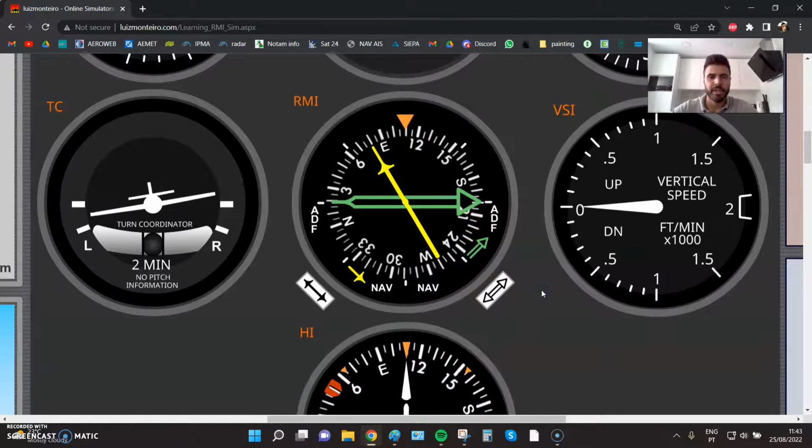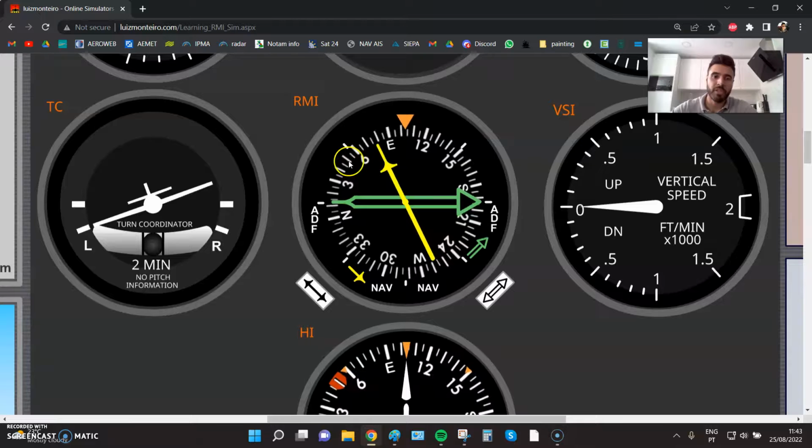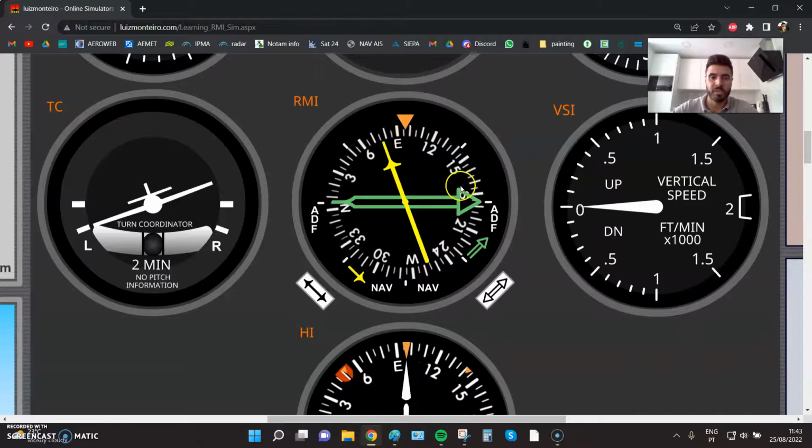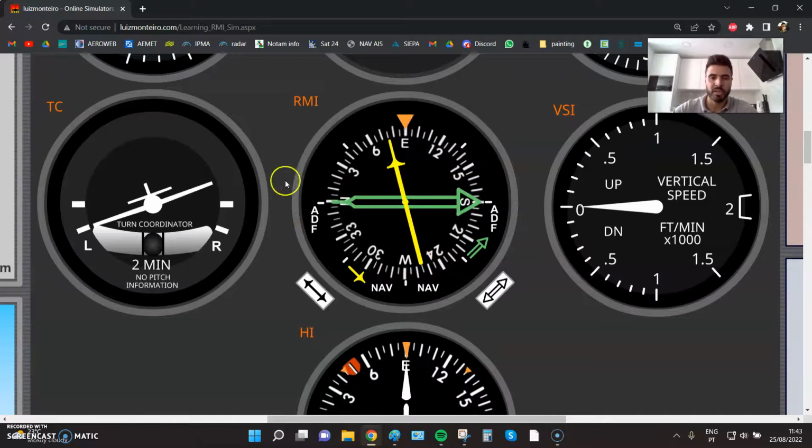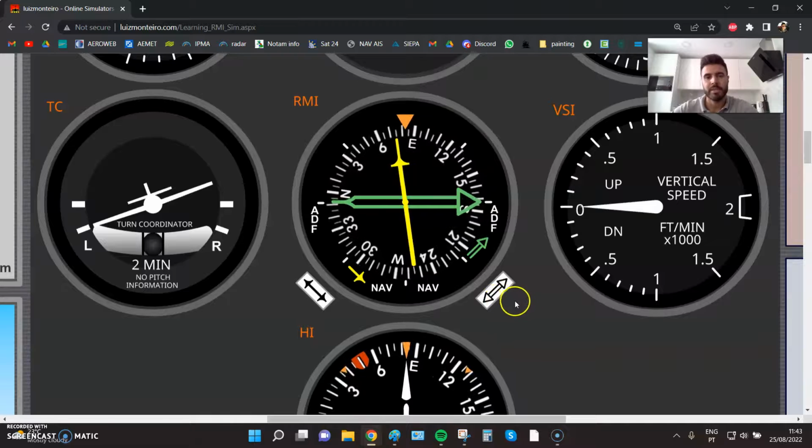Let's check it for the other side now. I'm going to go left of the needle, so the tip is going to fall, and the tail is going to go up. Let's see it happen.